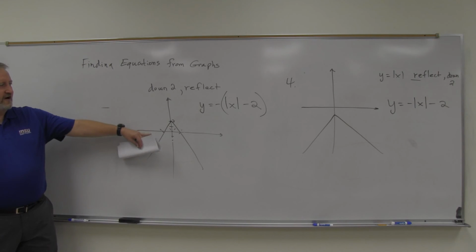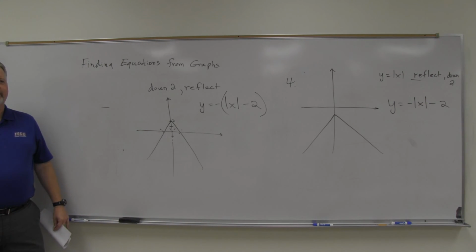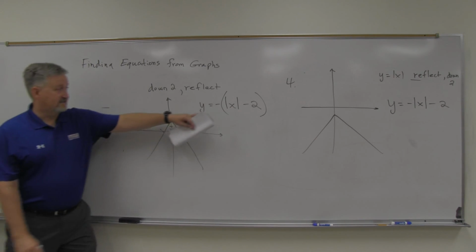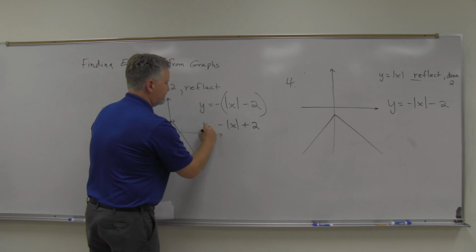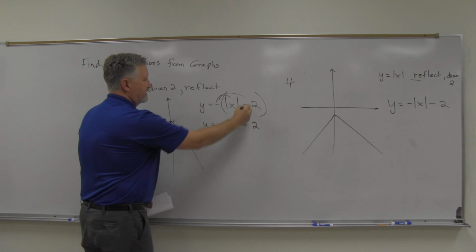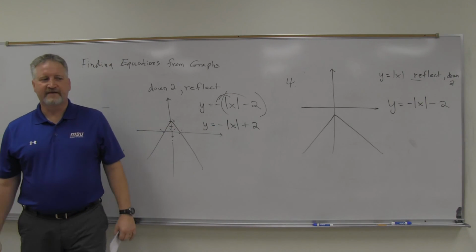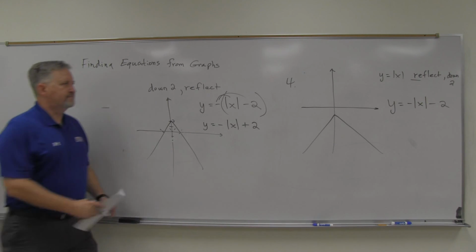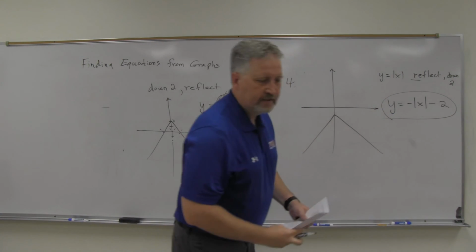Probably if we had that graph, we would say it's a reflection and then up 2, wouldn't it? If we start with the graph. And that's exactly what this is, because if you distribute the minus there, what do you got? Negative absolute value of x plus 2. So anyway, not to get you too confused there. Just be aware. So for number 4, this is it. Any other question?